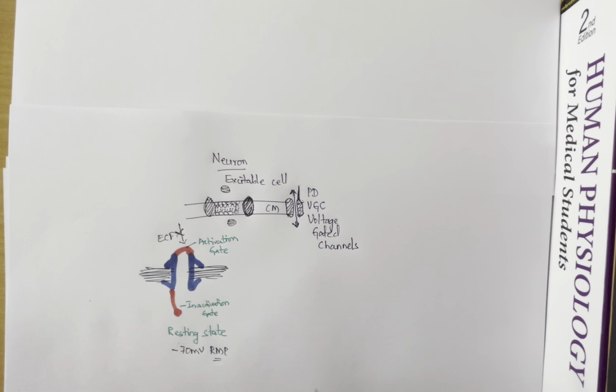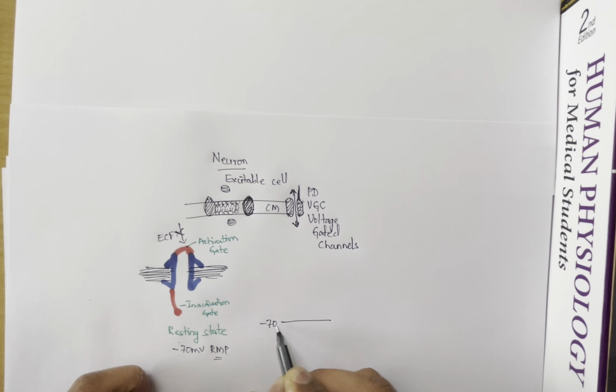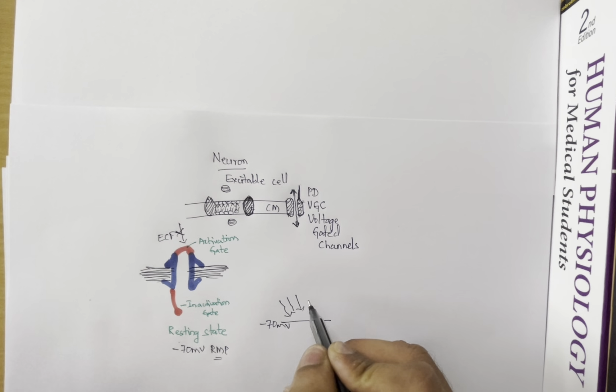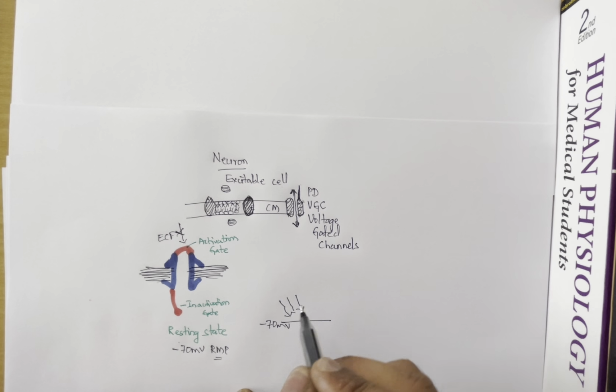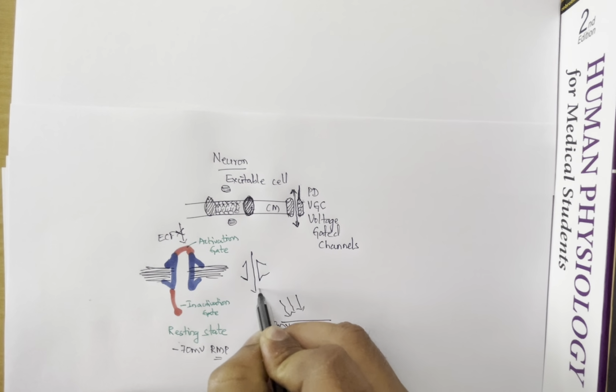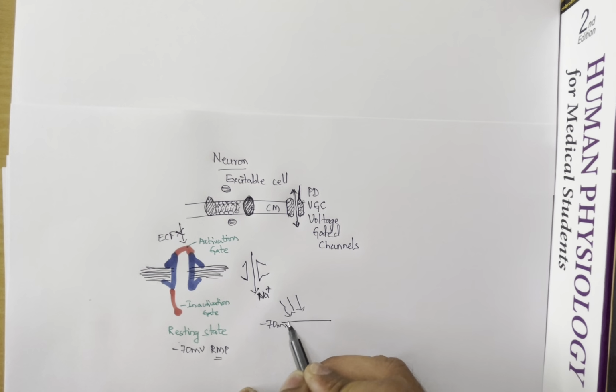See, whenever there is change in membrane potential from minus 70 millivolt by the application of a threshold stimulus, what is happening? The sodium ion starts entering into the cell. This is not through the voltage gated sodium ion channels, but through the non-gated leaky sodium ion channels. Some amount of sodium ions will start entering into the cell.